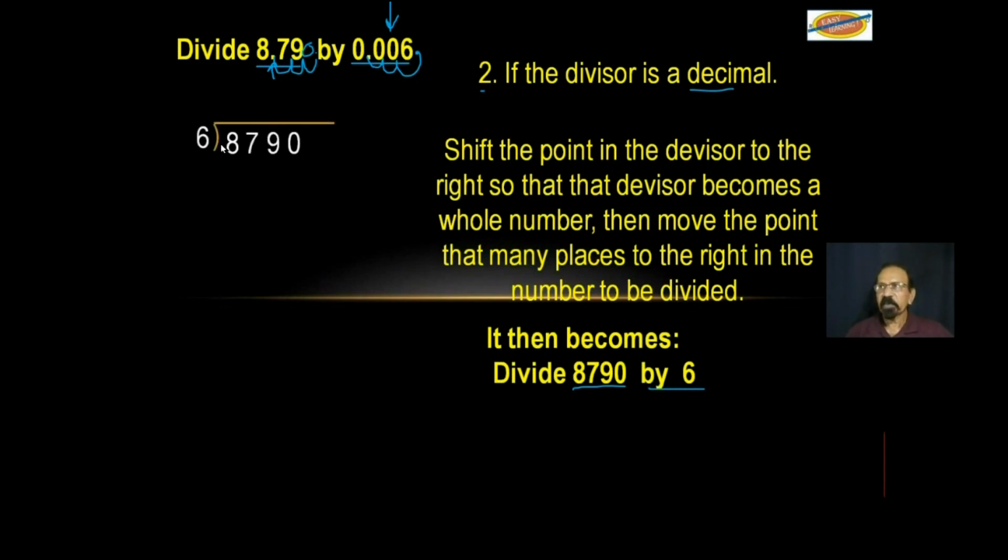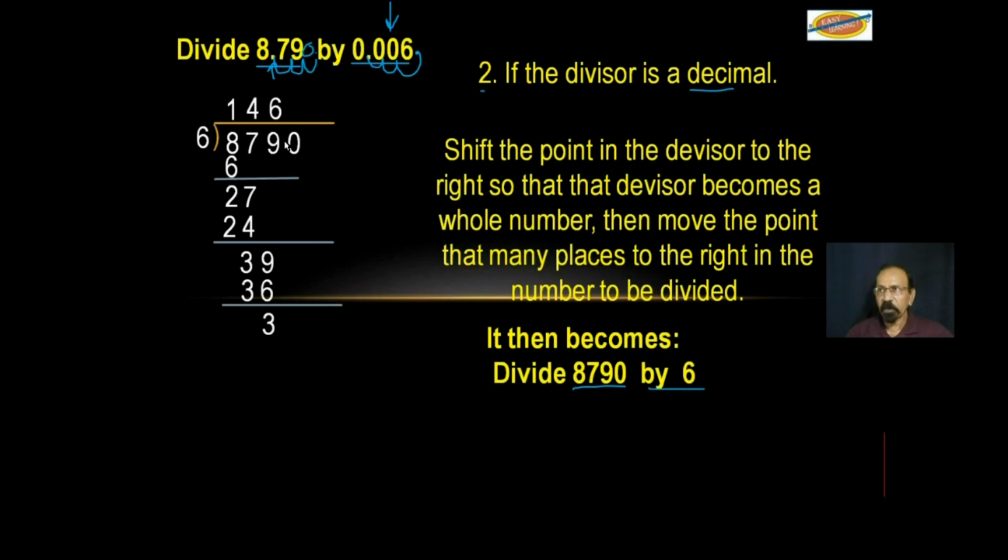So 6 into 8, 6 ones, 6, subtract, you get 2, of course. Bring down the 7, 6 into 27, 6 fours, 24, and you get 3. Bring down the 9, 6 into 39, 6 sixes, 36. Subtract that and you get 3.